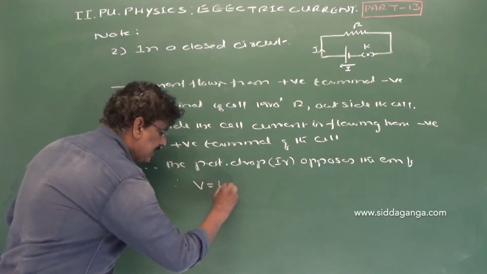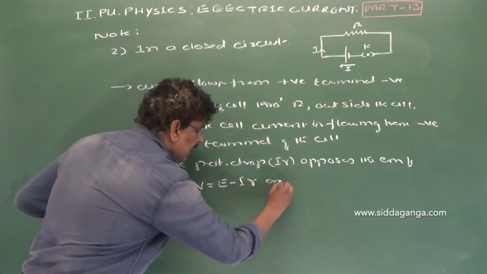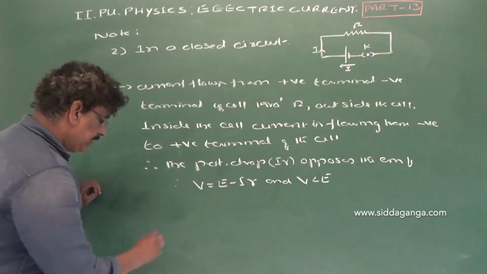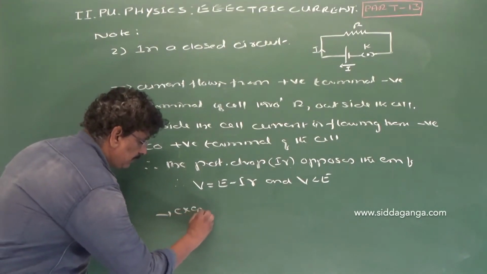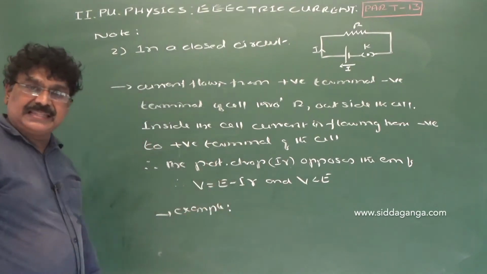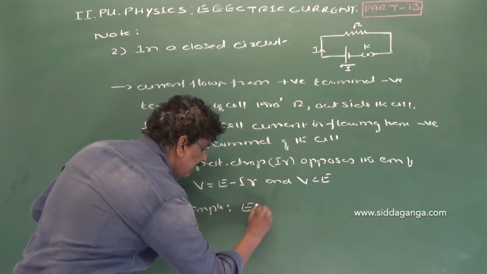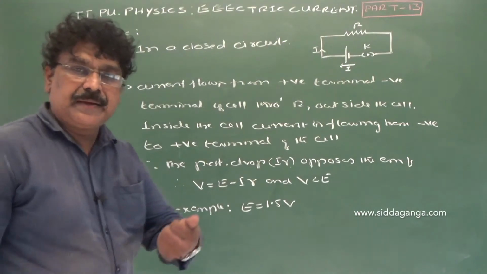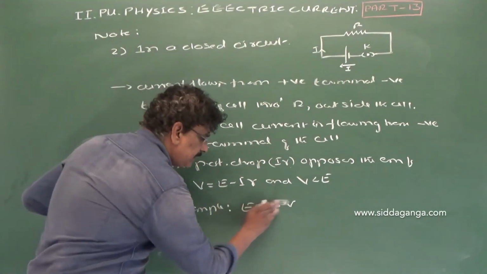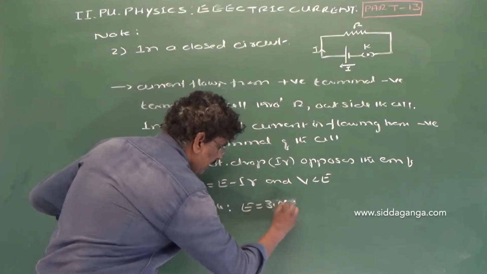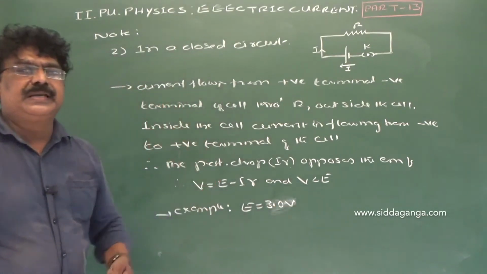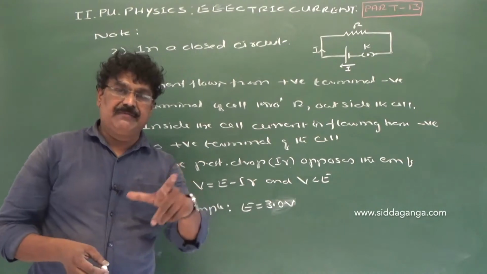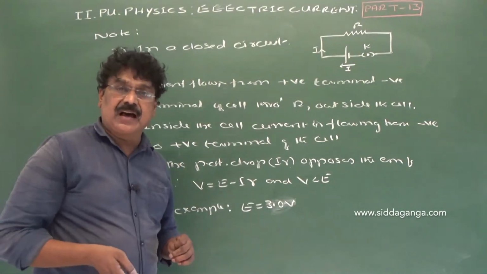Therefore, V is E minus IR and V is less than E. Suppose, as an example, when we say that EMF of cell is 1.5 volt, we are using it in a torch for 3 volt, we can take 3.0 volt, that is we are using in our remote controller of a TV, or even 2 cell small pen torch.